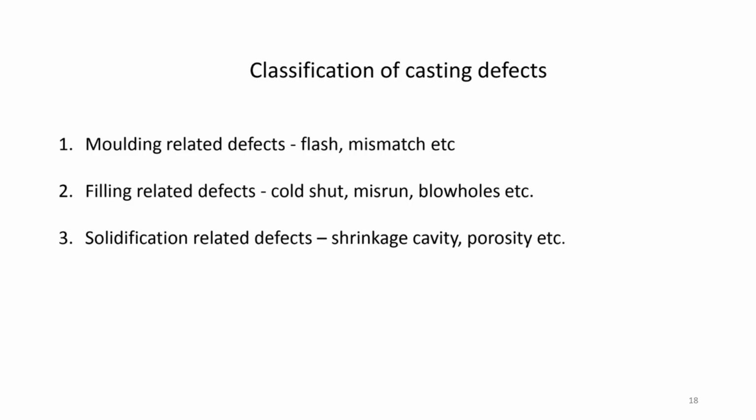At high temperature a lot of gases get dissolved in the metal, and when it starts solidifying from the outer wall, inside there is still molten metal, so it will contain a lot of entrapped gases, so there will be a lot of porosity.